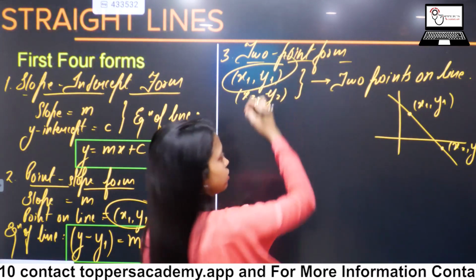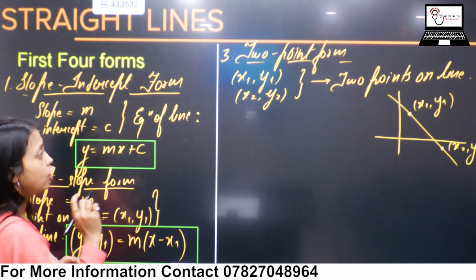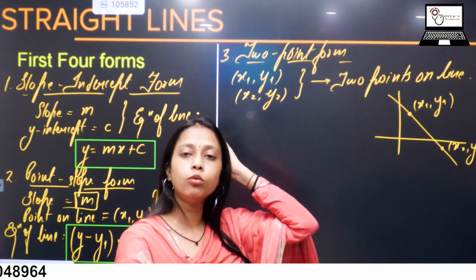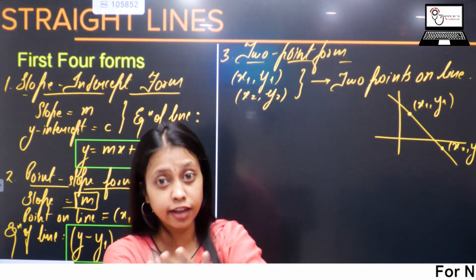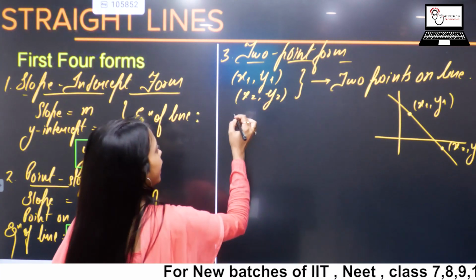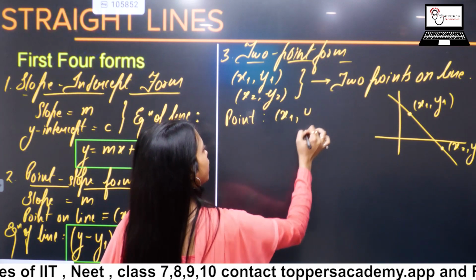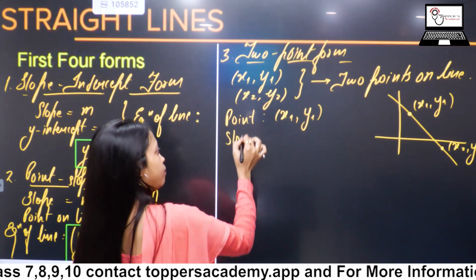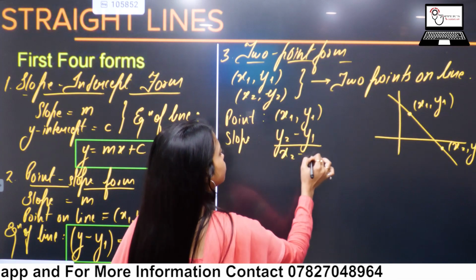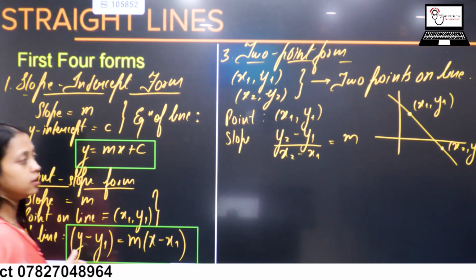I have two points, so I have a point. And it says that you need slope also. I don't have slope, but can I find slope? Of course, yes. So I have a point x1 comma y1 and I have a slope given by y2 minus y1 upon x2 minus x1. This is my m.